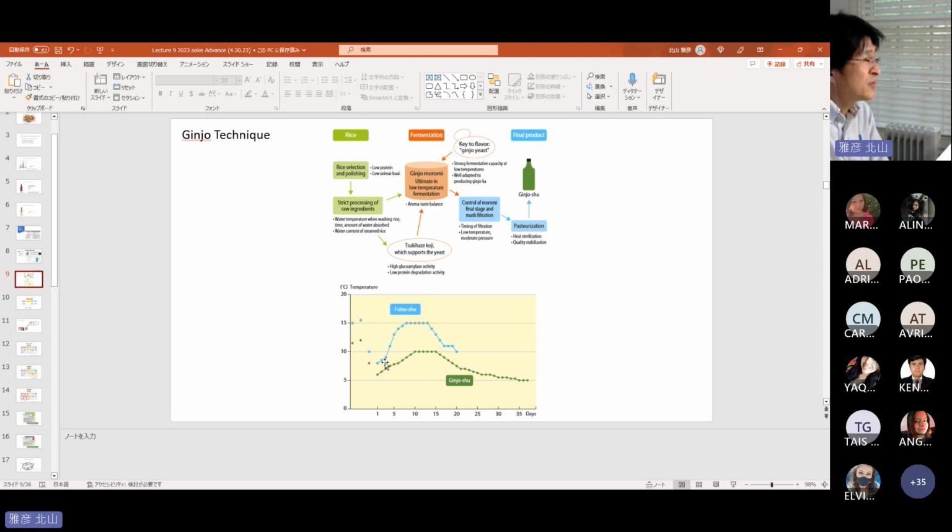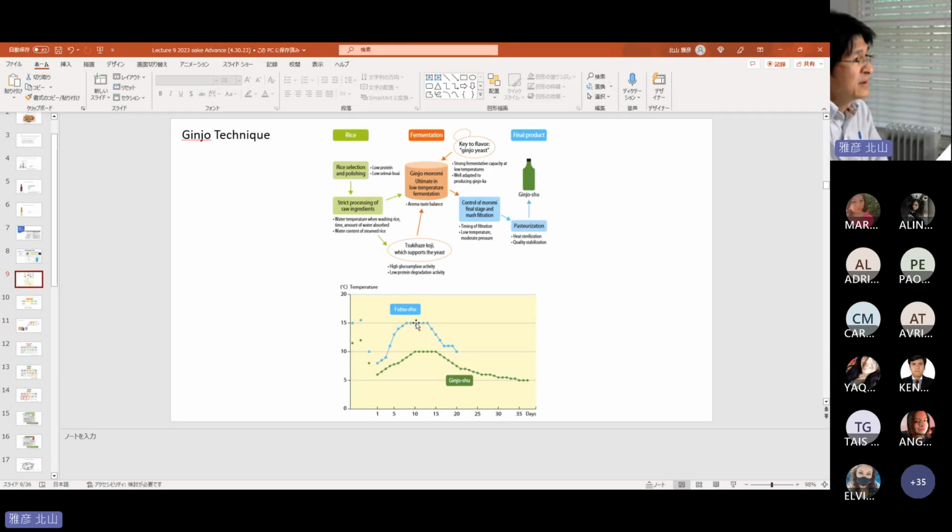On the other hand, to make futsushu, fermentation is completed in less than 3 weeks. And the temperature is higher than the one for ginjo sake, reaching 15 degrees Celsius. So this is the difference.